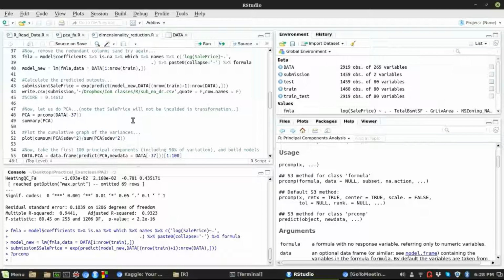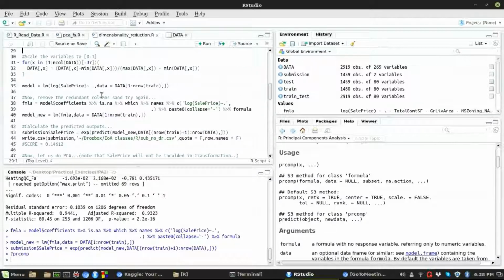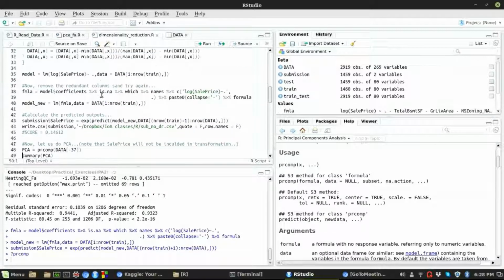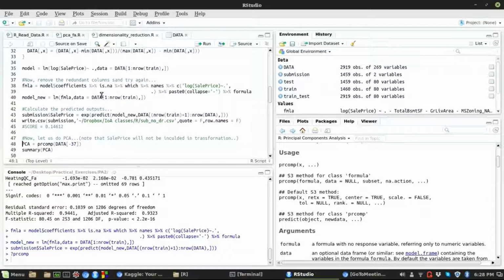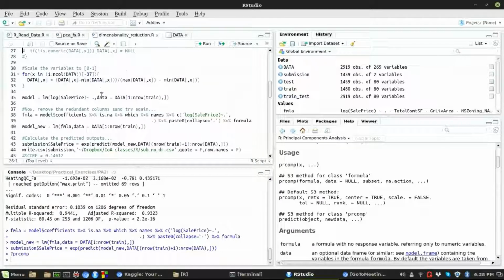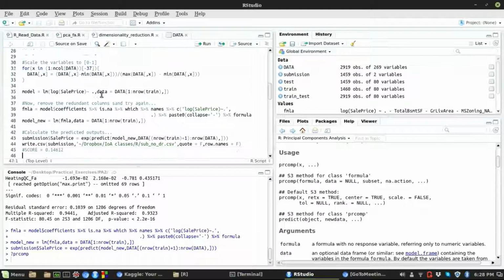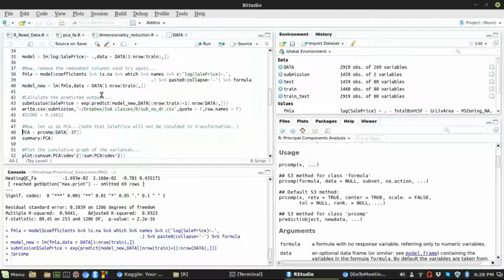Now I haven't done that for standard deviation. I have allowed center equal to true, but I have not put scale equal to true. Anyway, we have already scaled them between 0 and 1, so all the standard deviations are more or less on the same scale. If you want to set the standard deviation to 1, you have to divide by the standard deviation.